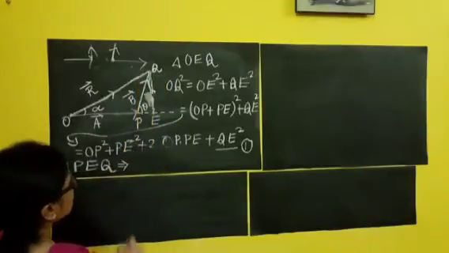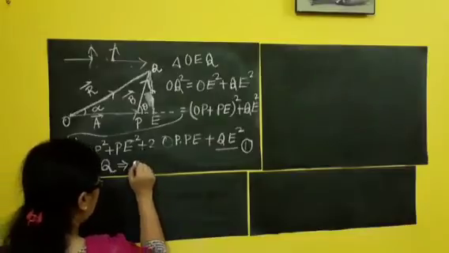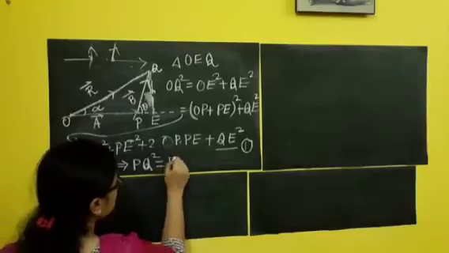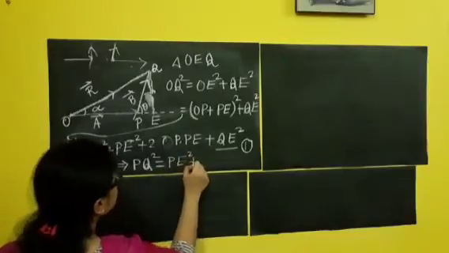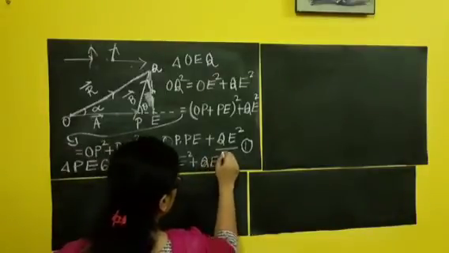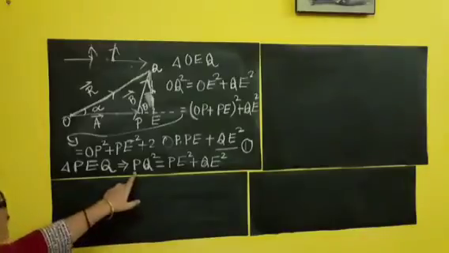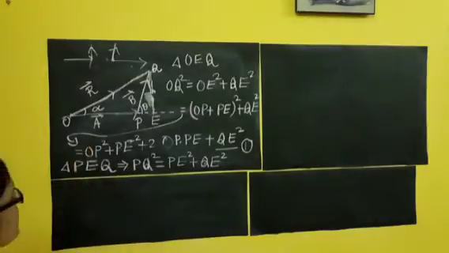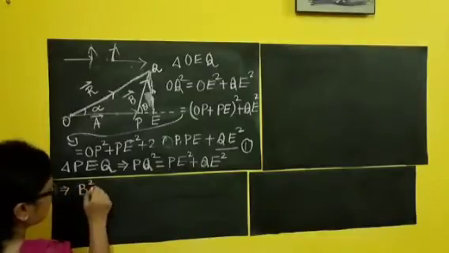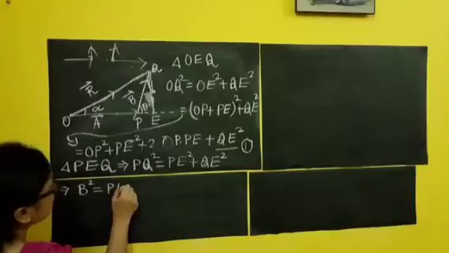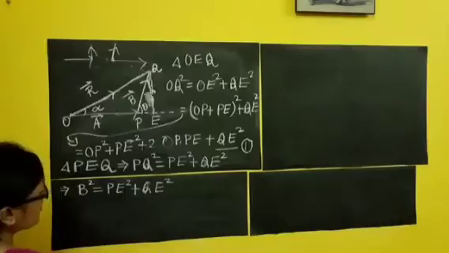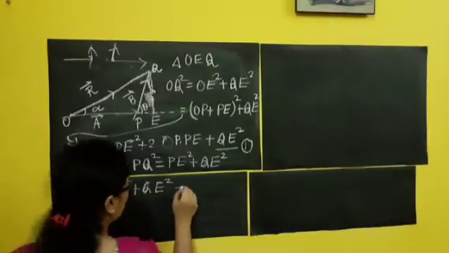So I can write PQ square, that is hypotenuse square, equals base square PE square plus perpendicular square QE square. Clear? Now PQ equals what? PQ, I had already written, that is B. So B square equals PE square plus QE square. Clear? Give it equation number 2.